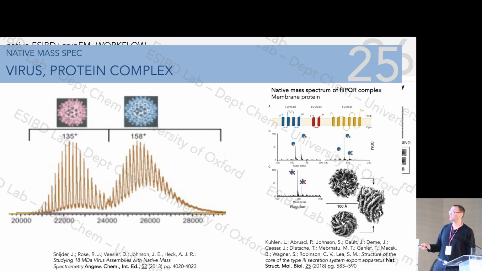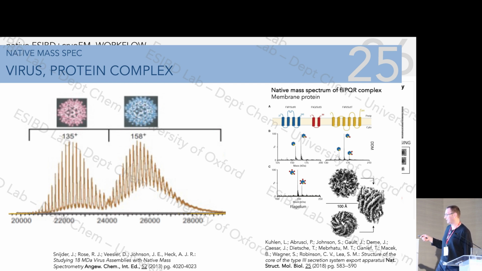So thinking about this, native mass spectrometry gives us amazing results, like the spectra of these viruses here. This is from Albert Heck's group, or very complicated assembled complexes that we can reassemble here.